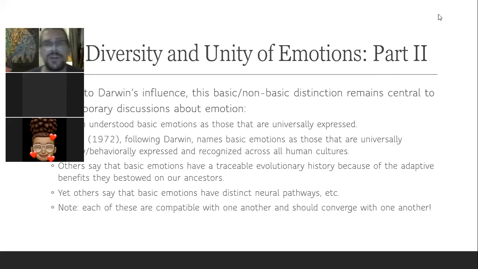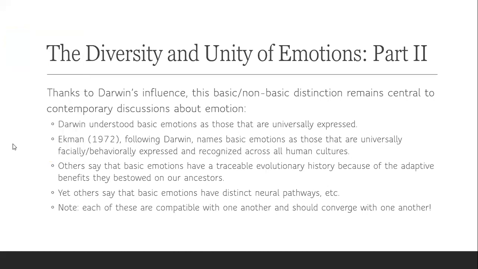But there are other ways of understanding what a universal emotion is too. One is similar in that it's evolutionary, but it's different, right? Ekman and Darwin do emphasize the evolutionary history of these emotions, but they place a little bit less emphasis on the adaptive functions of those emotions and more on the fact that they're universally recognized, especially Ekman.